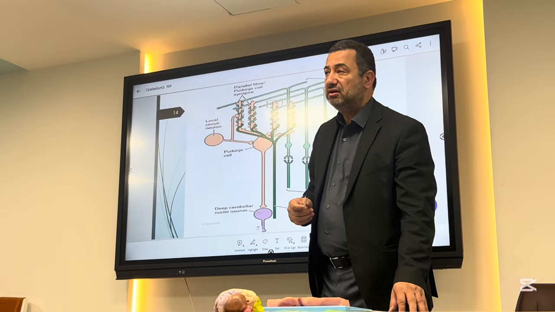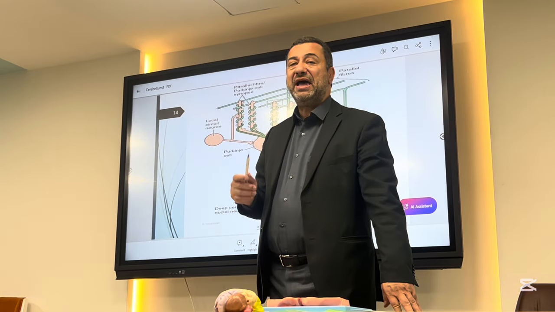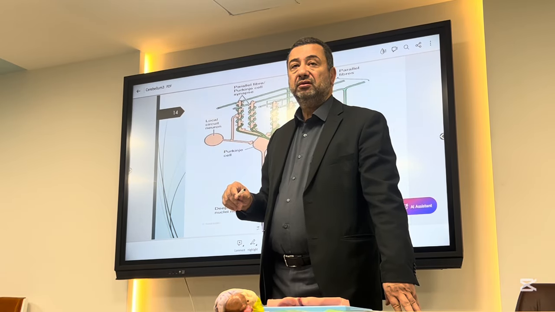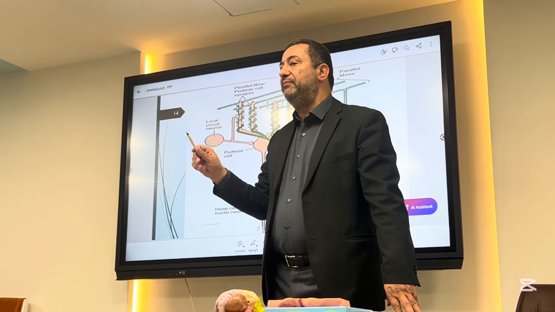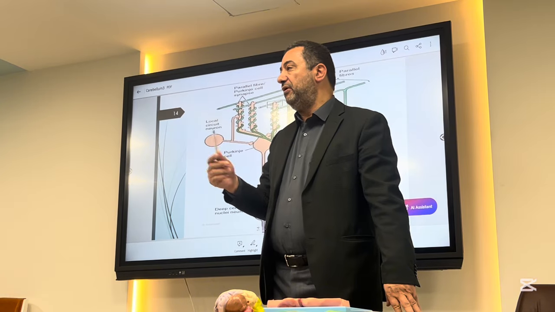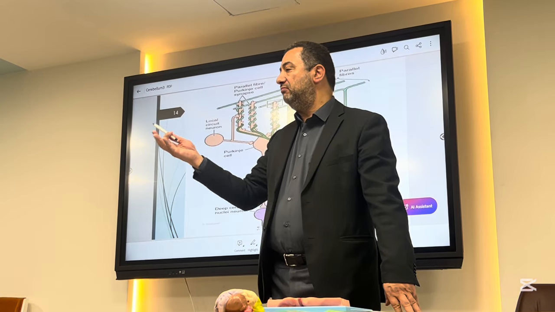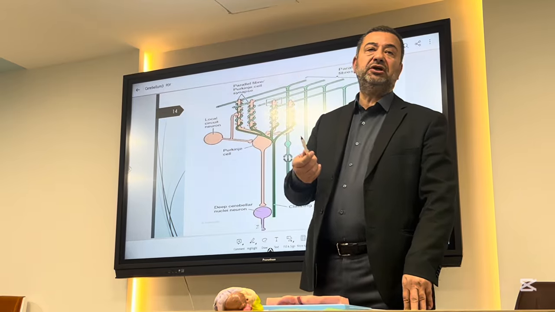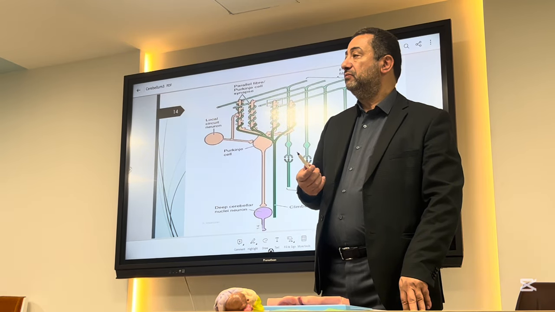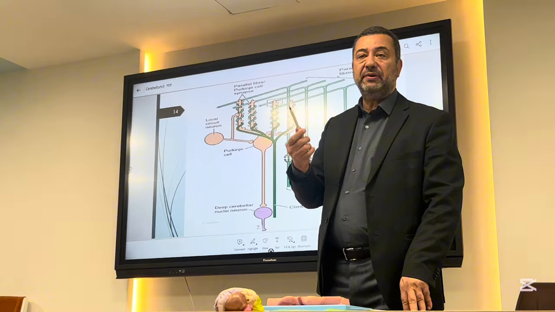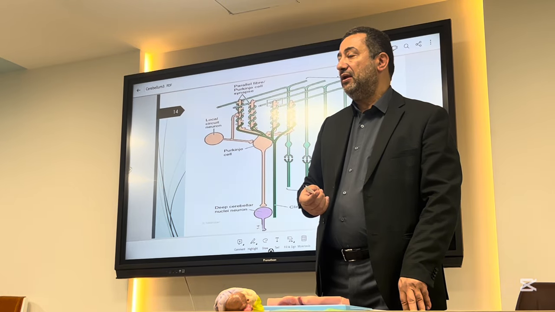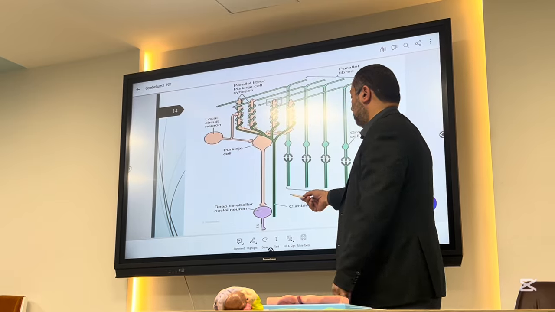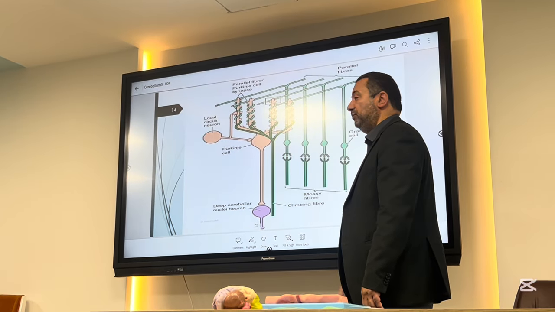But there is a tract that is called olivocerebellar tract. From inferior olivary nucleus in the medulla oblongata, after crossing, these fibers enter into the cerebellum via inferior cerebellar peduncle, and these fibers are called climbing fibers.